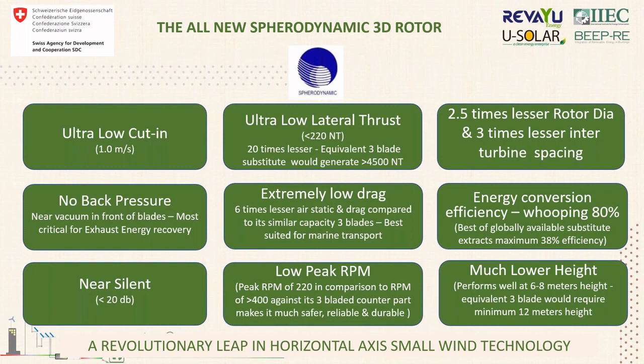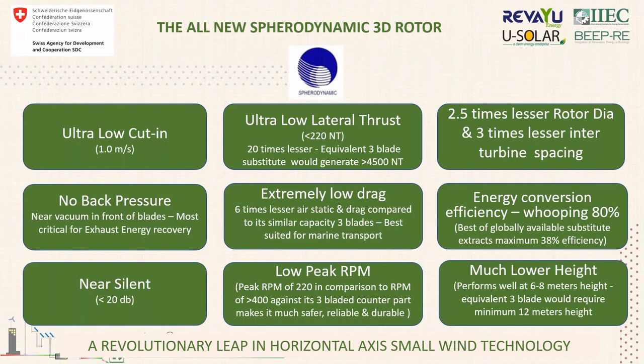Peak RPM, again, see the difference. In the rest of the conventional blades, the peak RPM ranges from 360 to 400 at maximum wind speeds, whereas in this case the peak RPM goes to 220 only.